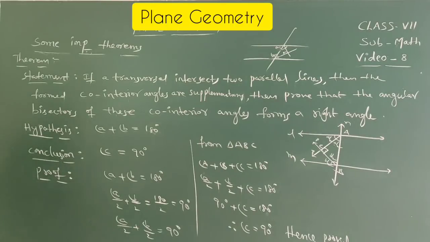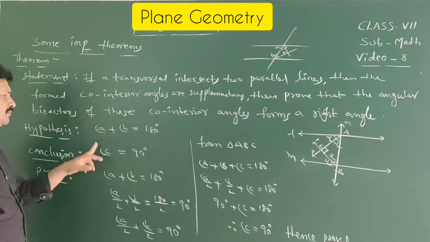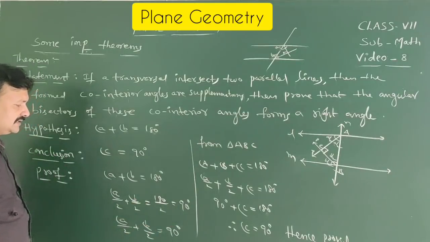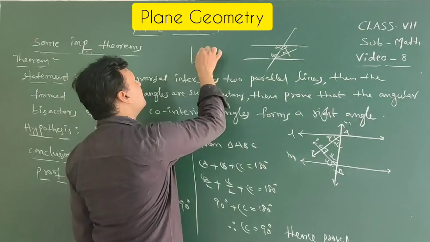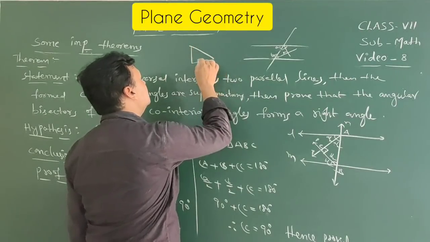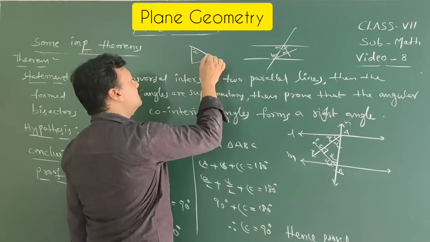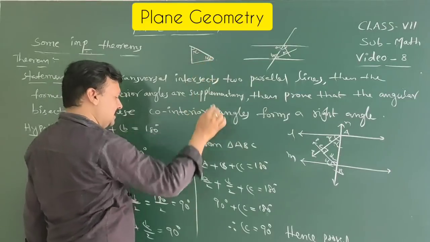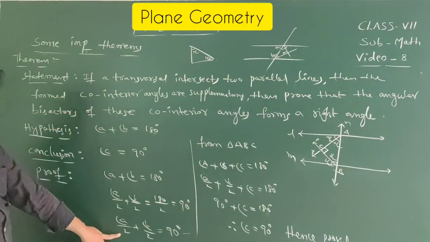Now A plus B equals 180 degrees we have. Dividing by 2 on both sides, A by 2 plus B by 2 equals 90 degrees. From triangle ABC, here A by 2, here B by 2 we have, but the sum of these two angles measures 90 degrees.